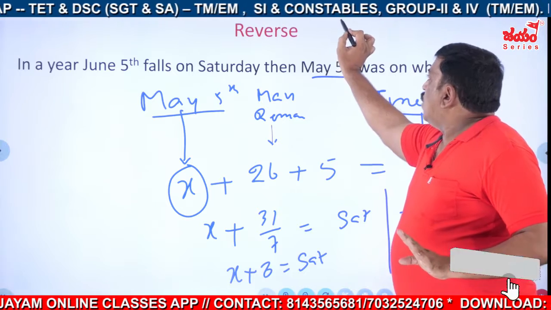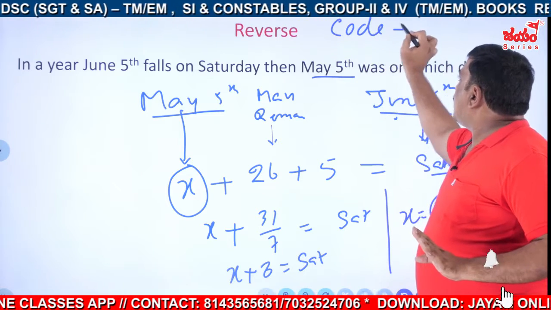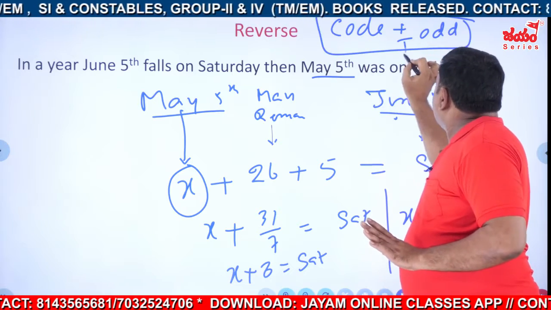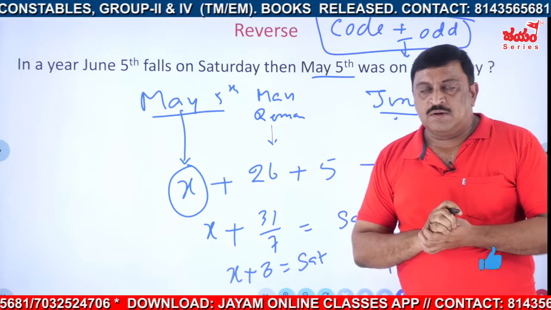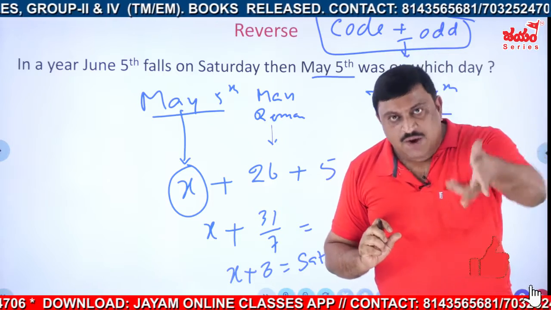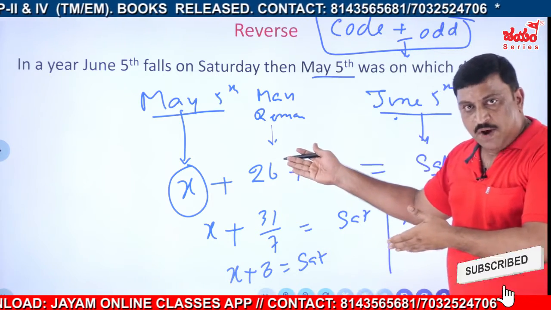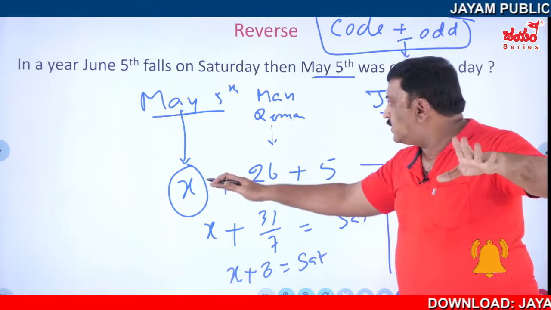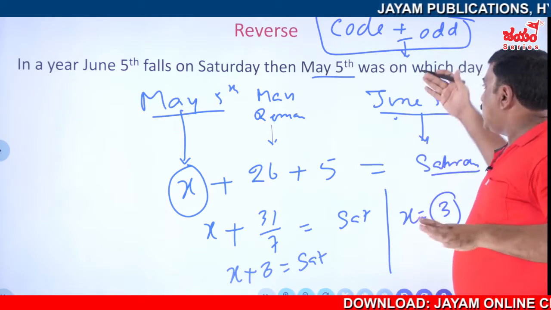I said code plus or minus odd days, but don't use minus signs. Why? Because our brain won't accept it. Just like now, we took May 5th as X and started, with X and the remaining odd days, and then June 5.